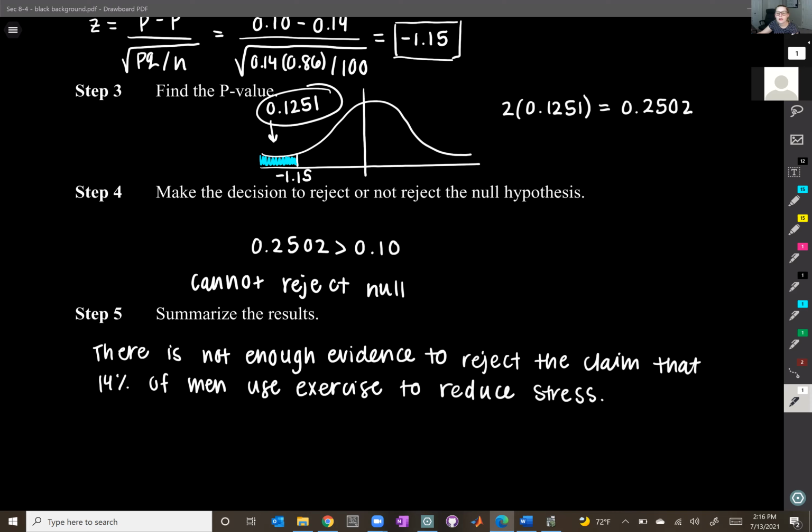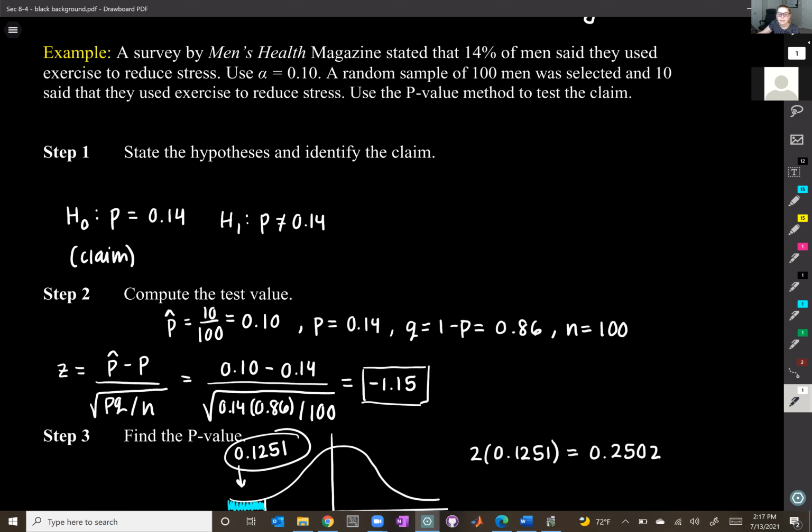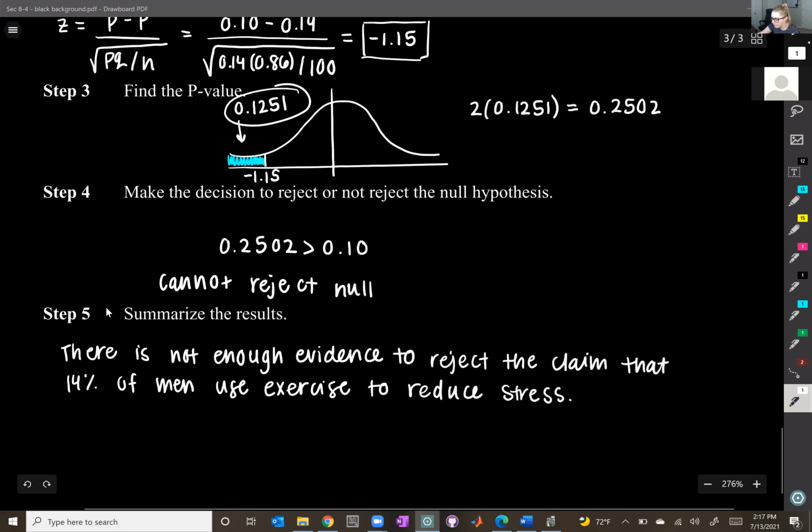But in order to go ahead and reject the null, you want the p-value to be less than the significance level. And in our case, our p-value was significantly greater than that because our alpha was 0.10. So you want it to be less than. Okay, that's everything for 8.4.